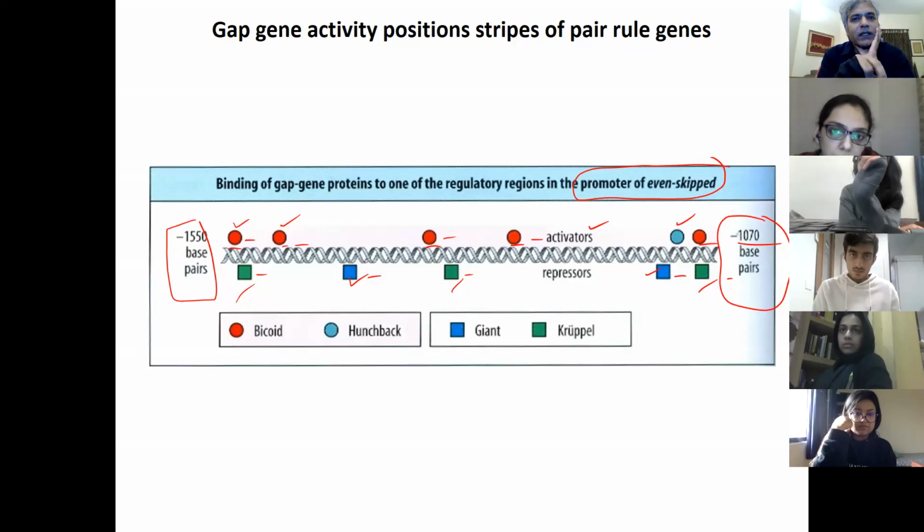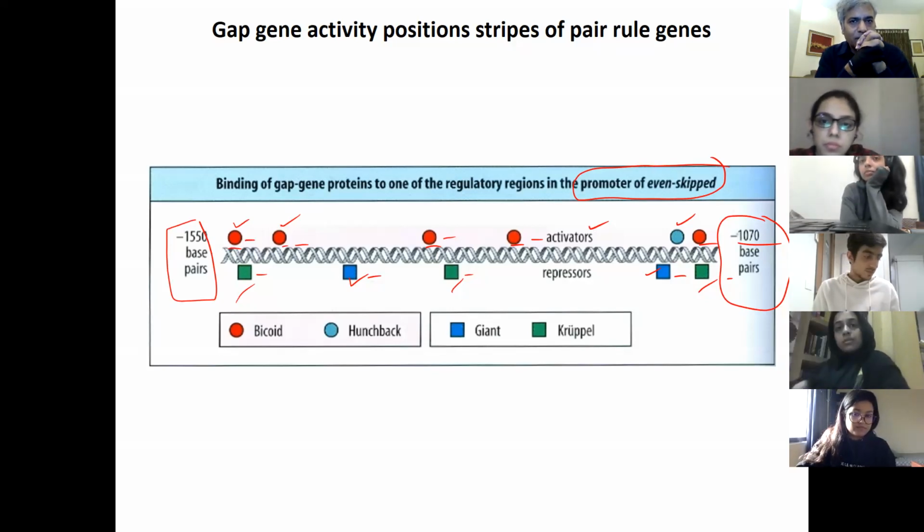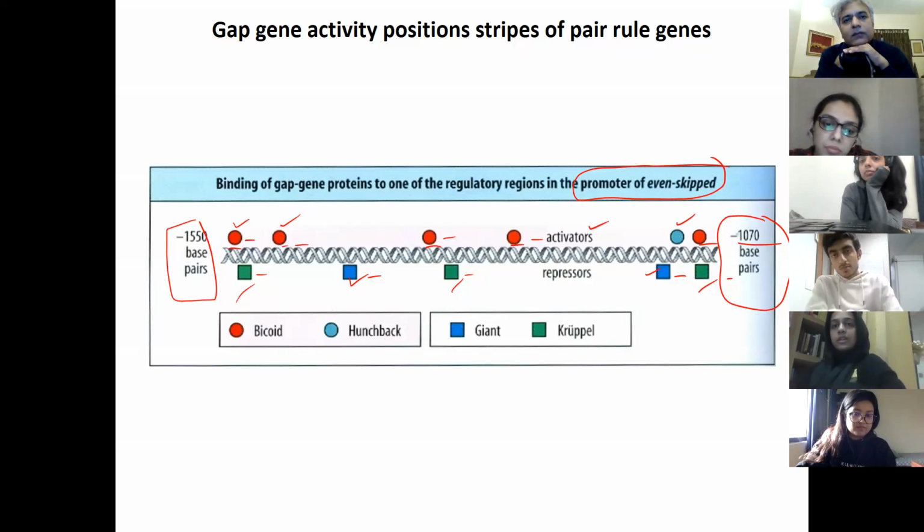Very sad state. Momina? So I think this promoter region lies between minus 1550 and 1070, and this is before the gene. You all are juniors.